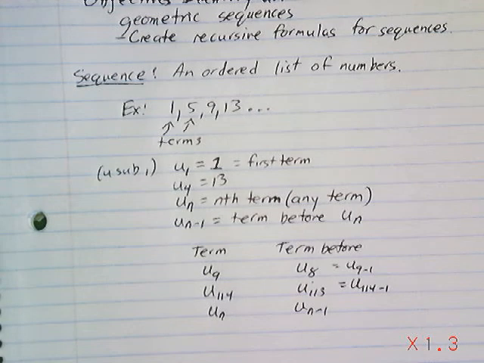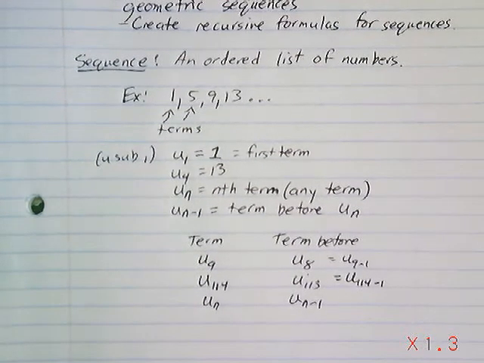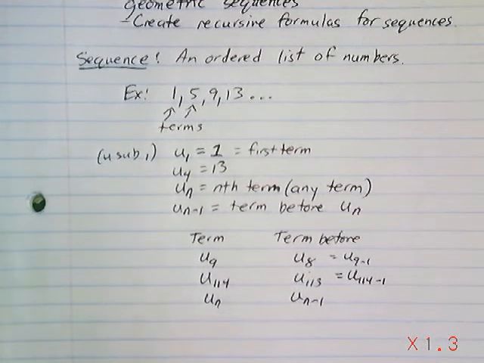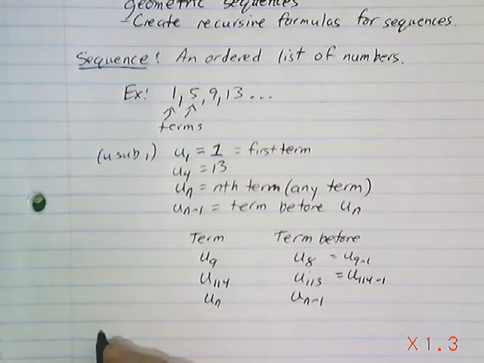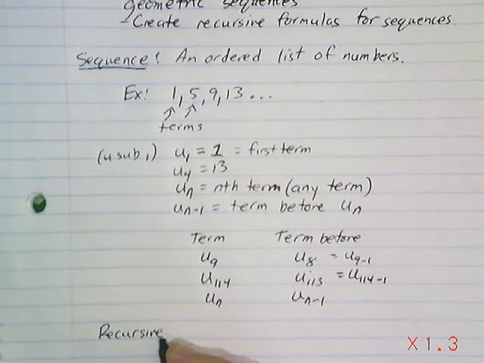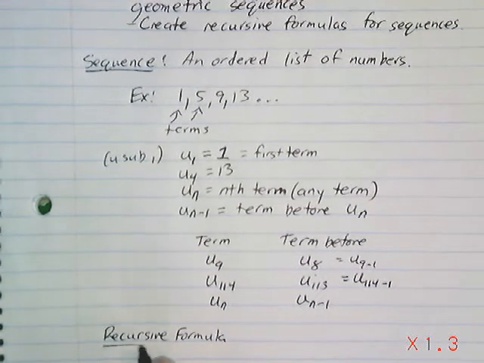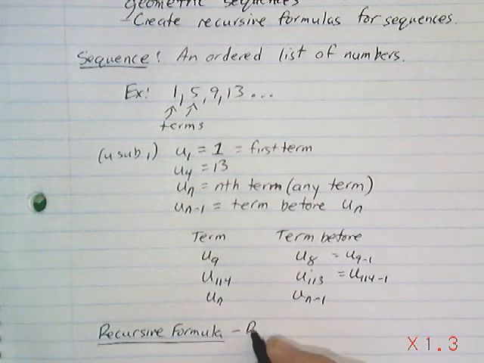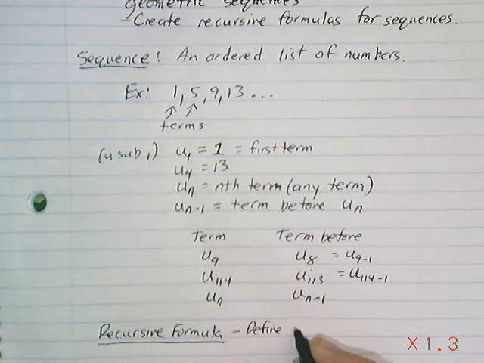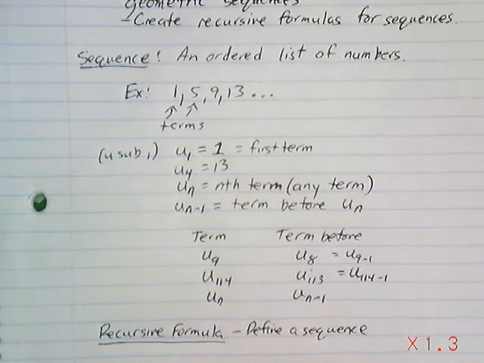And then we have to write a recursive rule that defines U sub n in terms of previous terms, or it could be just in one term, such as U sub n minus 1.